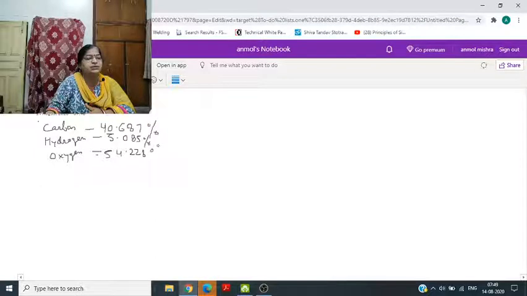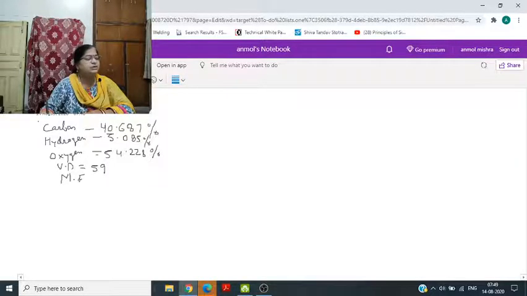These are given in the question. I have not written the detailed question, only the given part. And vapor density is given as 59, and we have to find the molecular formula. So the first step is to calculate the empirical formula.